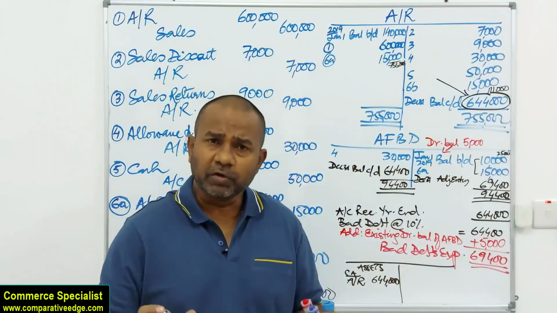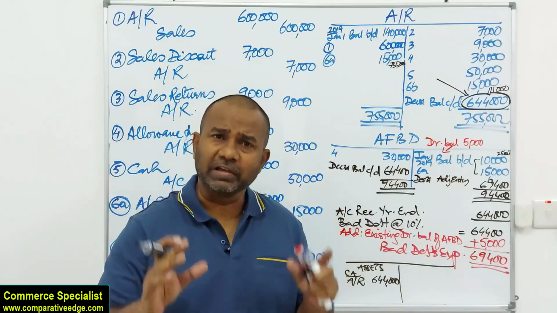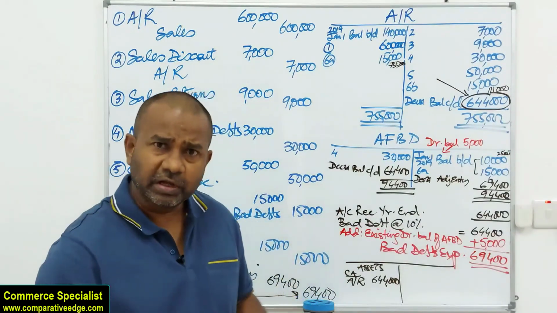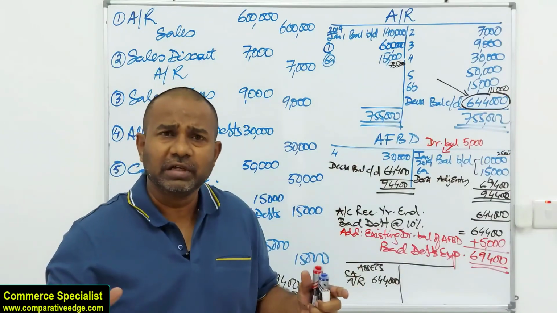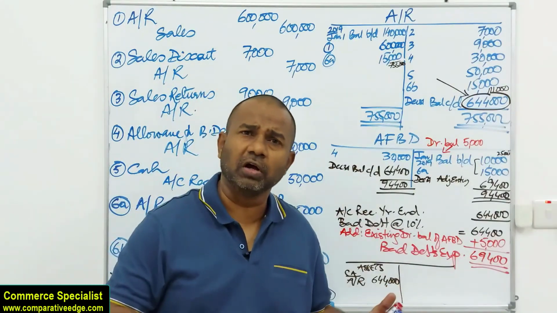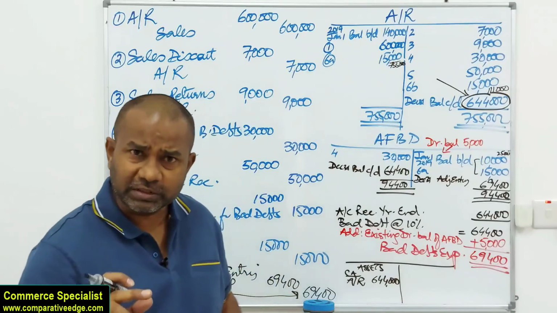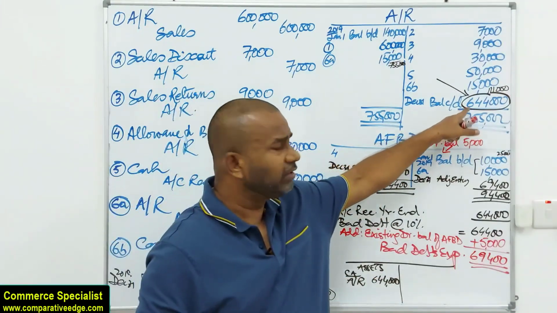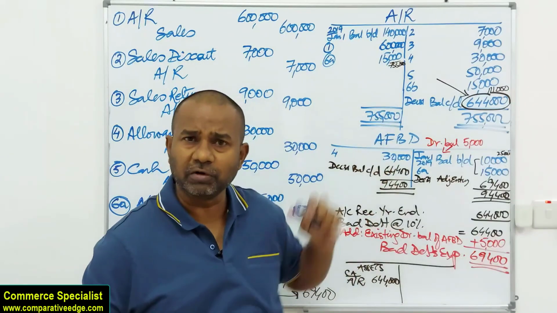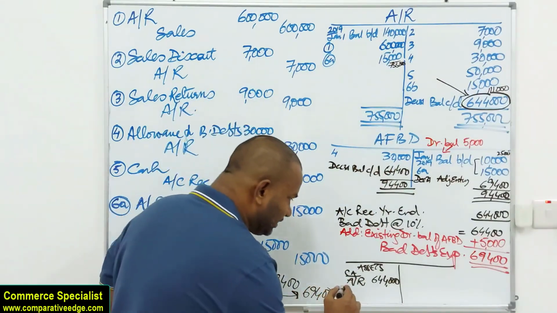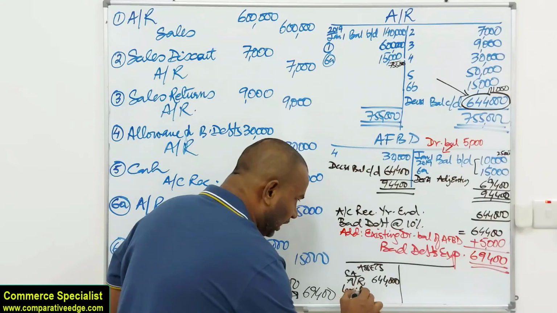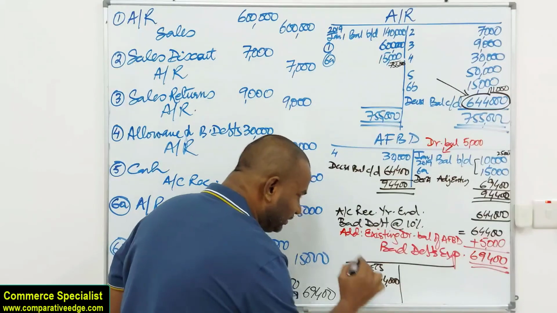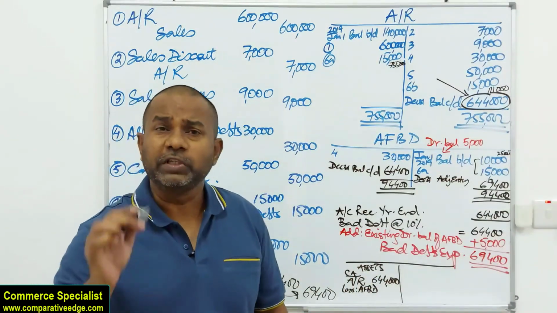In the statement of financial position, among assets, under current assets, there are so many assets: cash, bank, closing stock. We also have receivables. Receivables mean the closing balance of receivable that we got from here, from the ledger account of receivable, and then less allowance for bad debts. Which balance?